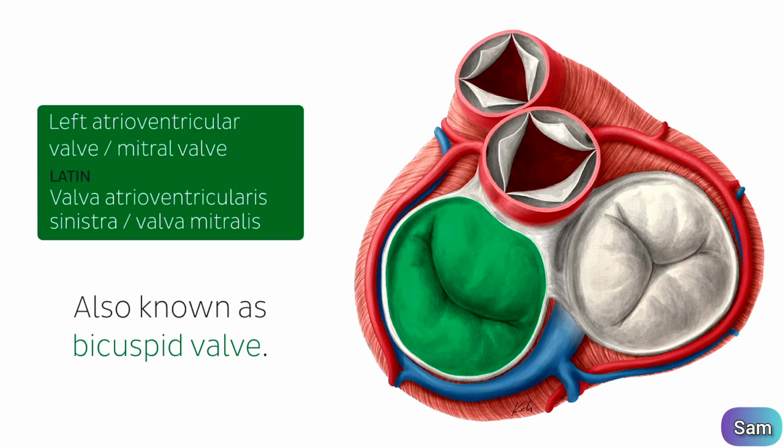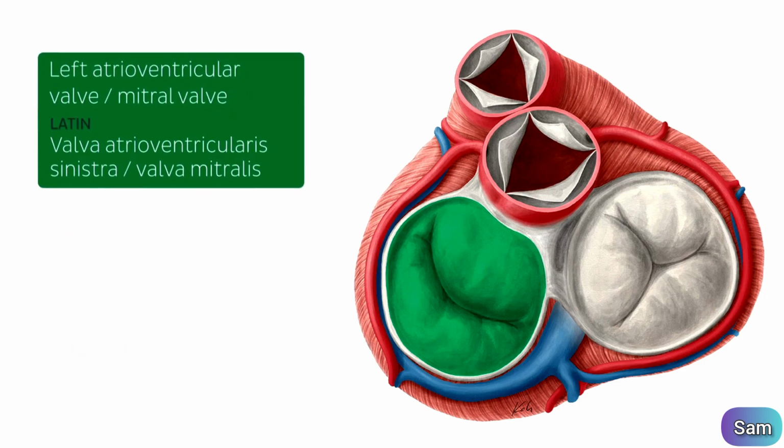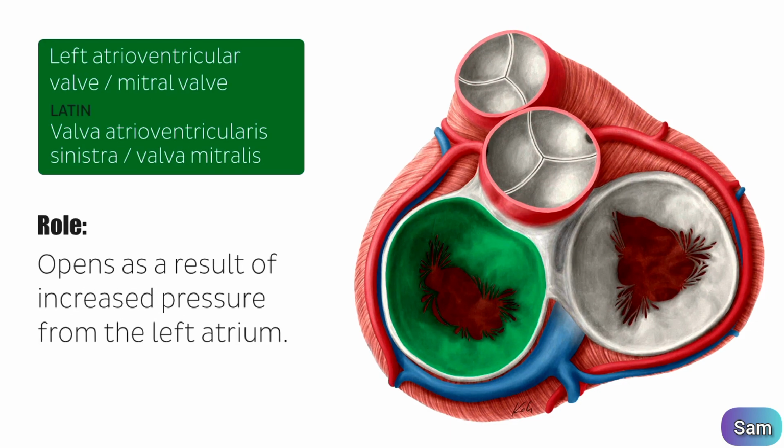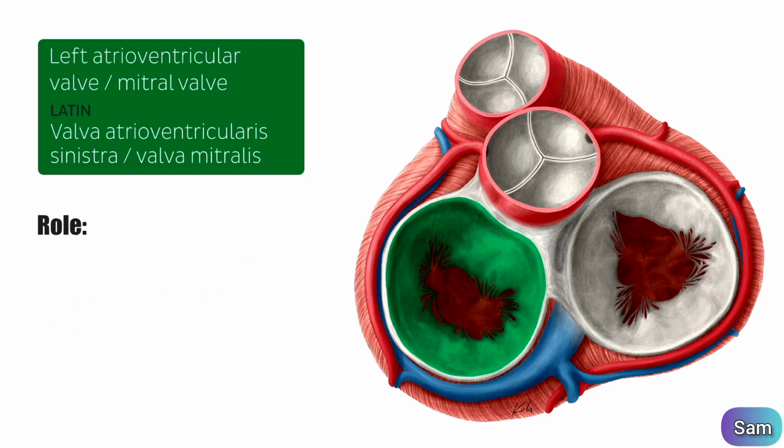In terms of role, the role of the left atrioventricular valve that you see now highlighted in green from this superior view, the role of the mitral valve will be to then, during diastole, a normally functioning mitral valve will be opening as a result of increased pressure from the left atrium as it fills with blood. As atrial pressure increases above that of the left ventricle, the mitral valve will be opening, as you see now on the screen.